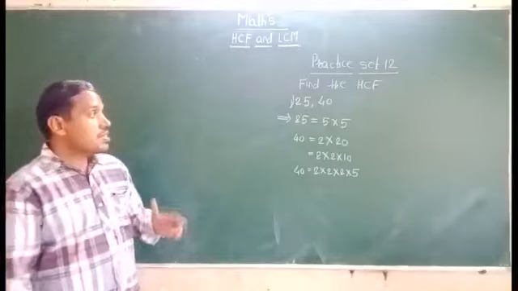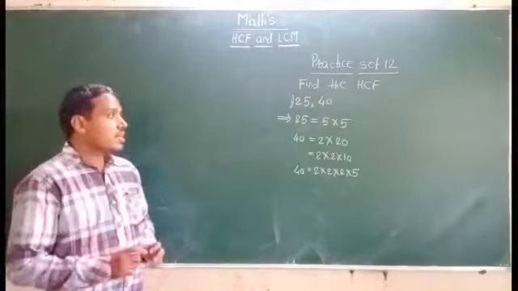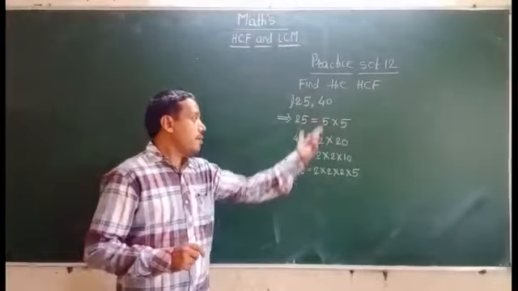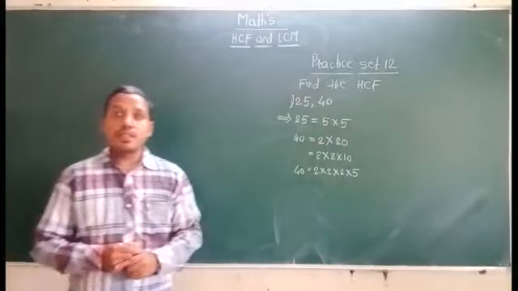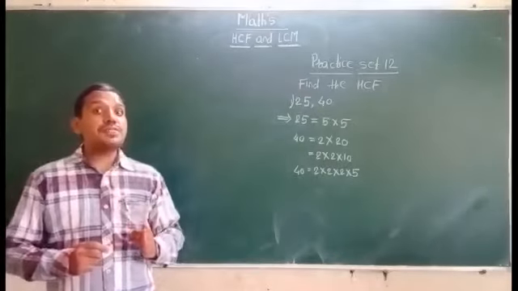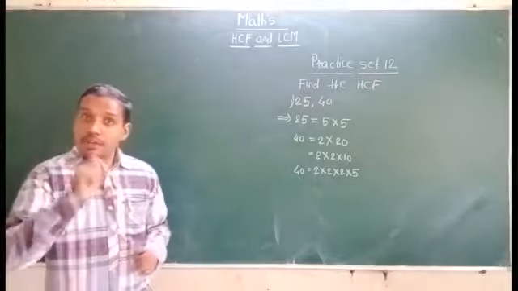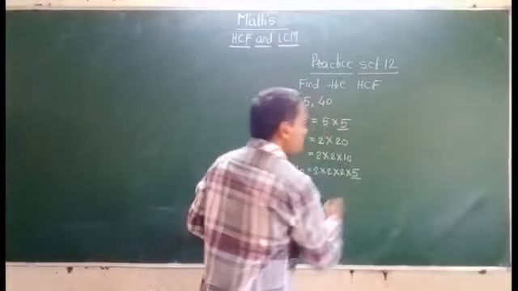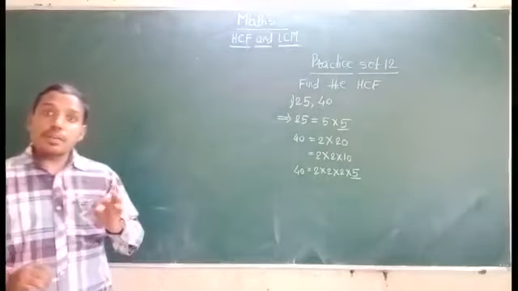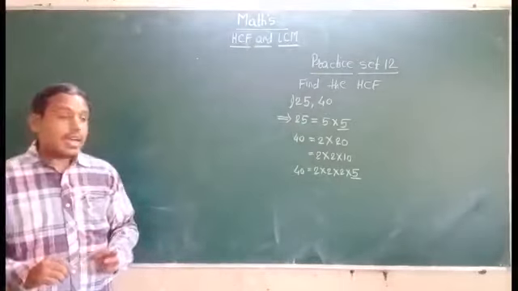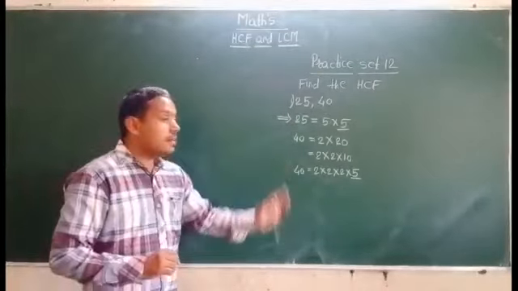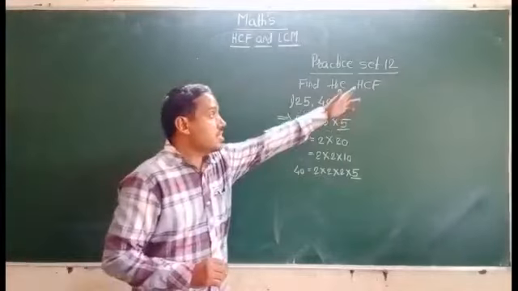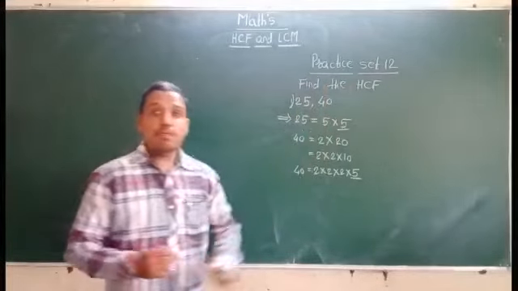Then we concentrate on the prime factors of 25 and of 40. Which factor is common? We have underlined it. 5 is the only common number, and that common number is the HCF of 25 and 40.